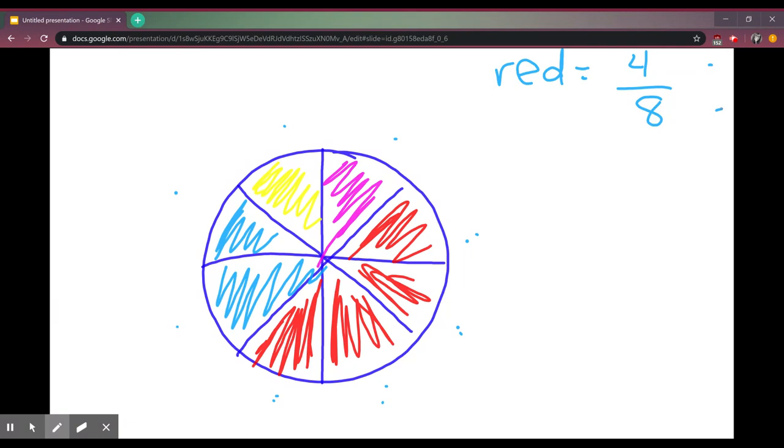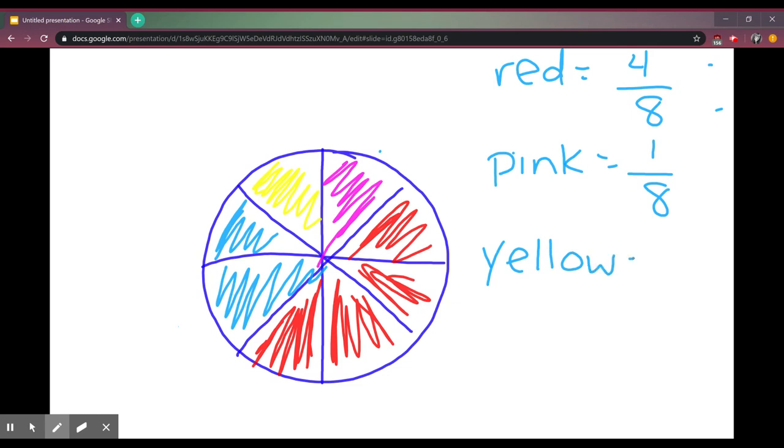Now I will do my pink. Erase my dots. So for pink, I have 1 pink, and there are 8 total. 1/8 of my circle is pink. There is 1 piece that is pink out of 8 total pieces. I have yellow, and I also only have 1 yellow, so I have 1 piece that is yellow out of 8 total, 1/8.